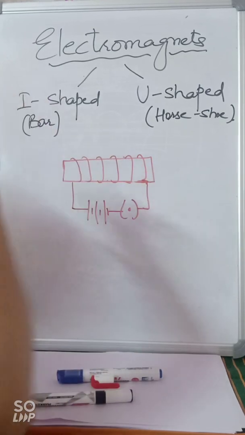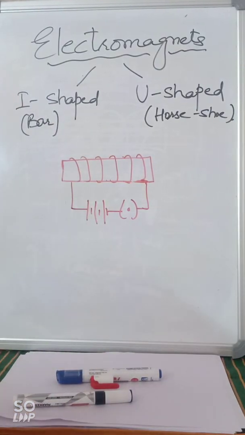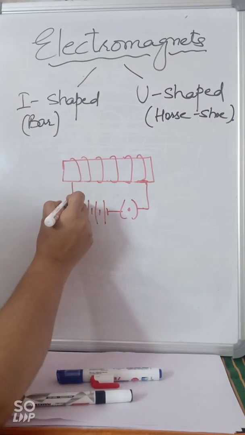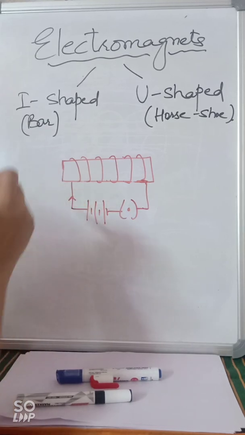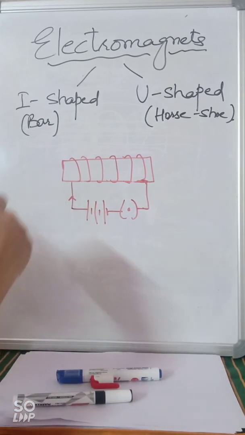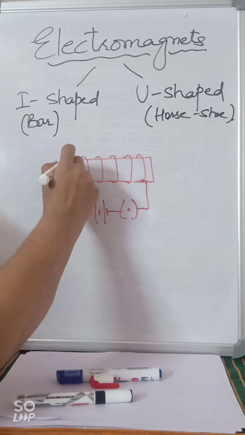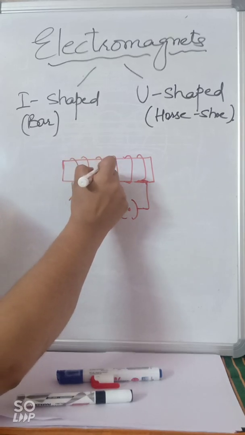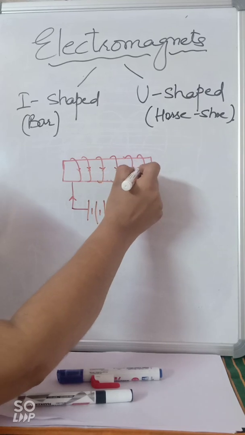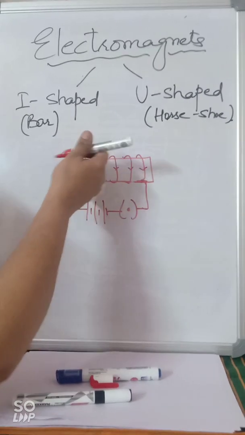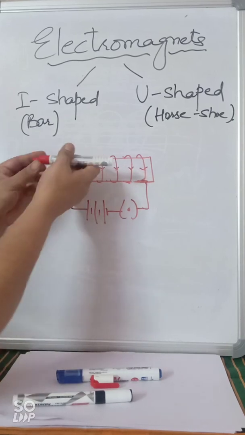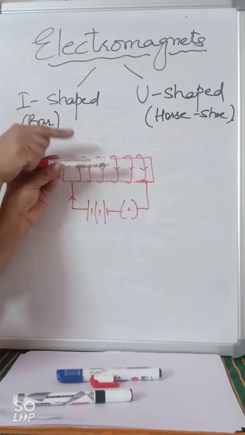So now from which direction to which direction is the current going to flow? Current is going to flow from this direction, and it flows this way, underneath, and this way, under and this way, right?